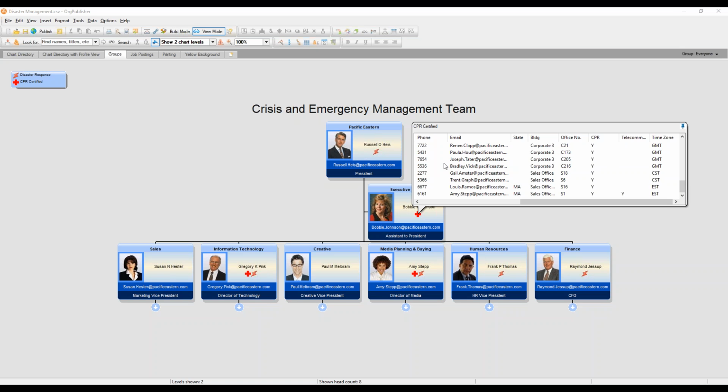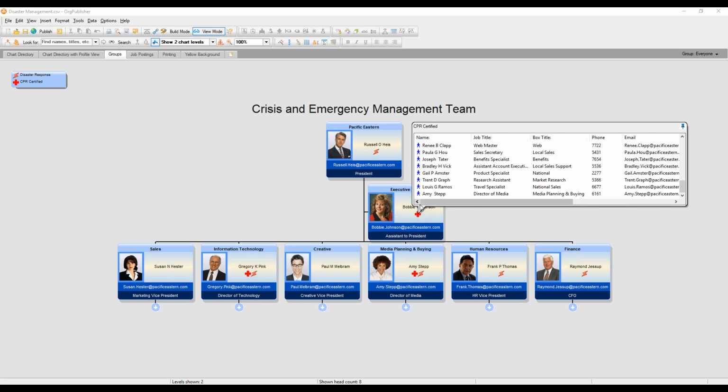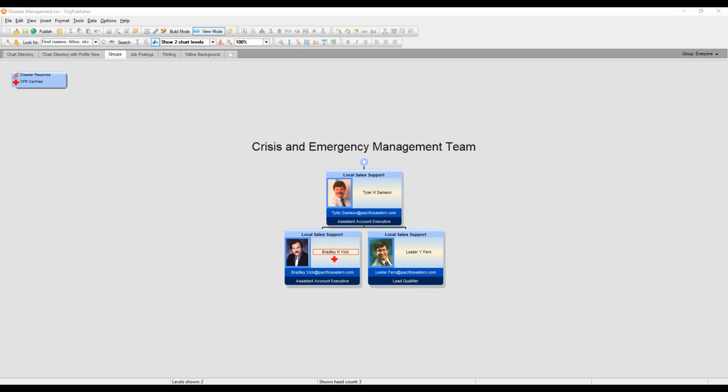So we simply hover over here, the little window comes up with all the people, we click on building, and that sorts the people into building order. We find the people who are in corporate office level 3, and here they are. So we'll immediately click on Bradley Hick, and the system will immediately take us to Bradley.